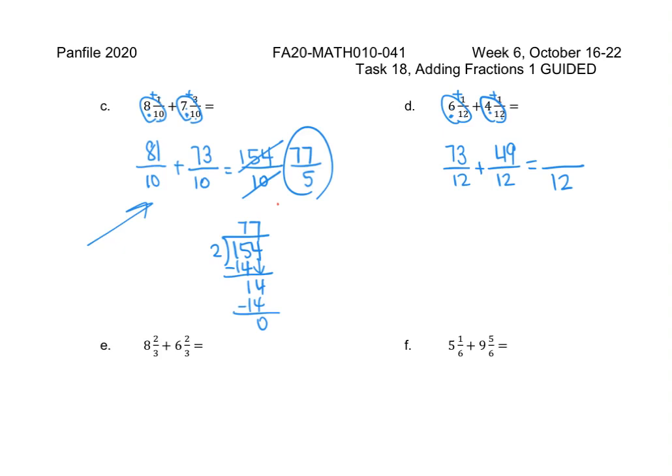And when I add 73 plus 49, I get 122. They're both even, so I cut them in half. I get 6 on the bottom. 122 divided by 2. 2 goes into 12 6 times. Bring down the 2. 2 goes into 2 1 time. So I get 61 over 6.